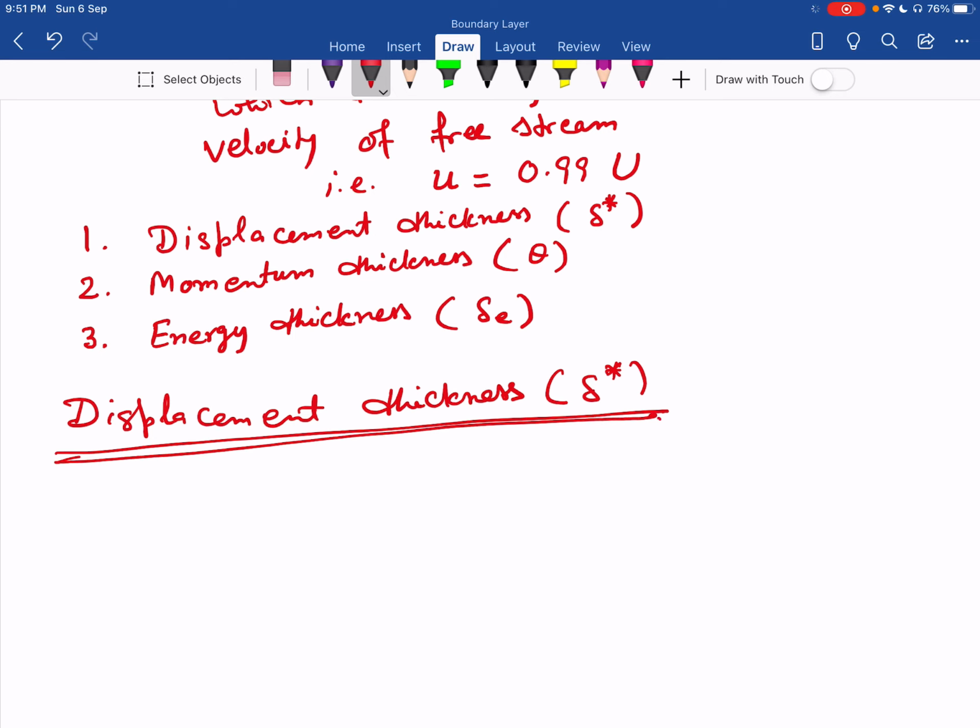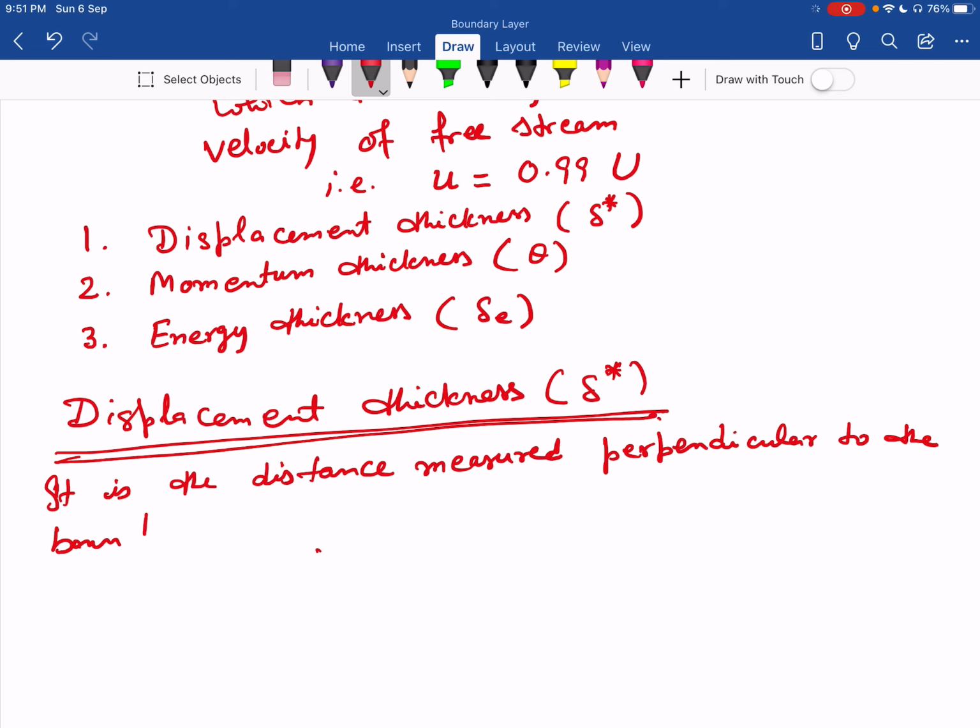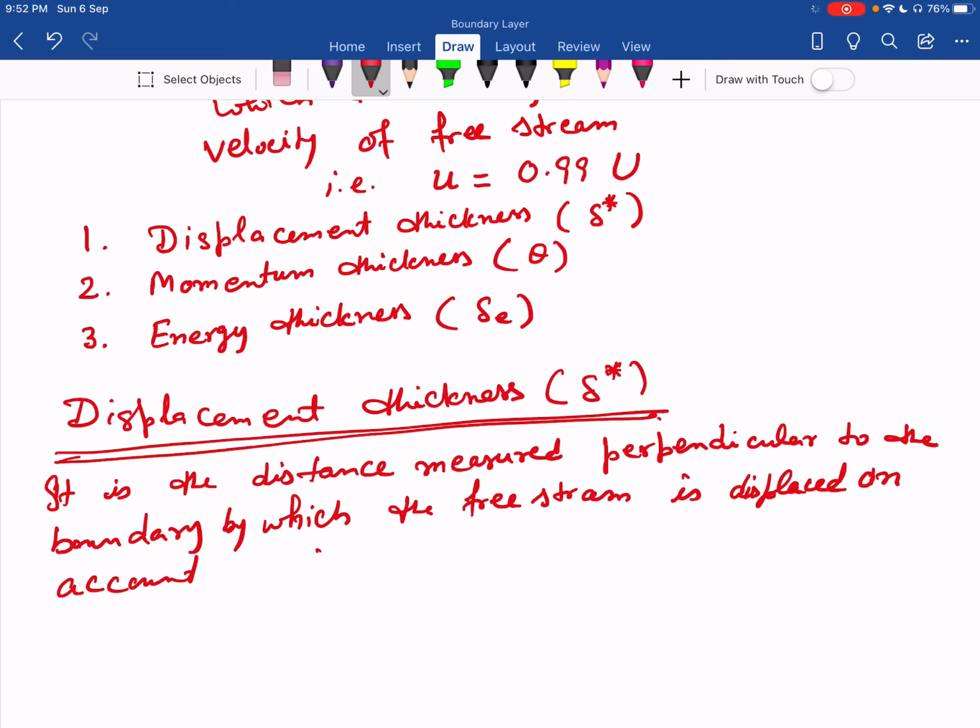Now what is the meaning of this? If I write the definition of displacement thickness, it is the distance measured perpendicular to the boundary by which the free stream is displaced on account of formation of the boundary layer.